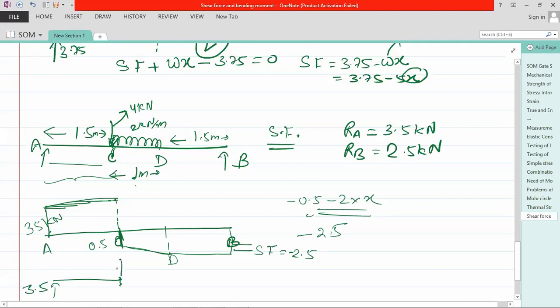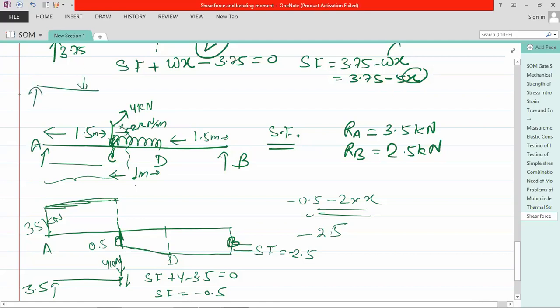Okay, here it is coming 4 kilonewton, and suppose the UDL doesn't start acting at this point only, then the shear force SF plus 4 minus 3.5 is equal to 0. SF is equal to minus 0.5. Okay, now here you got minus 0.5. Now at this point, suppose at x you want to obtain. So at this point you have one reaction force.